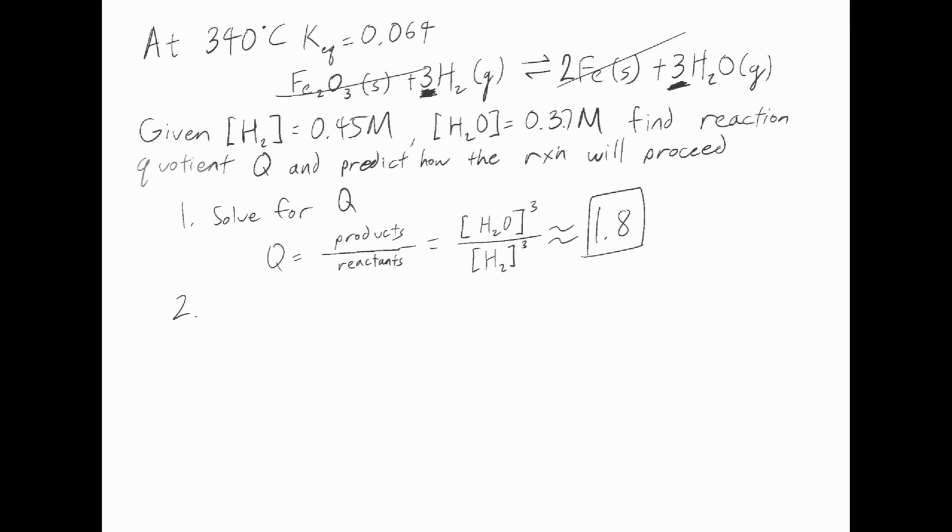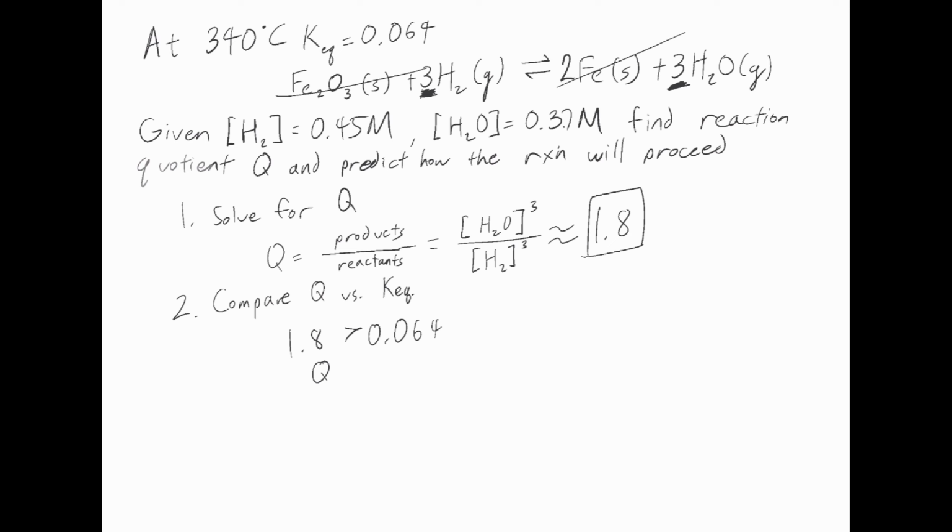To figure out which direction the reaction will proceed, you compare the Q with the KEQ. What does that mean? Well, really, you're just seeing which one's bigger, or if they're equal. So if Q, in our case, is 1.8, that means it's greater than the KEQ, which is 0.064.